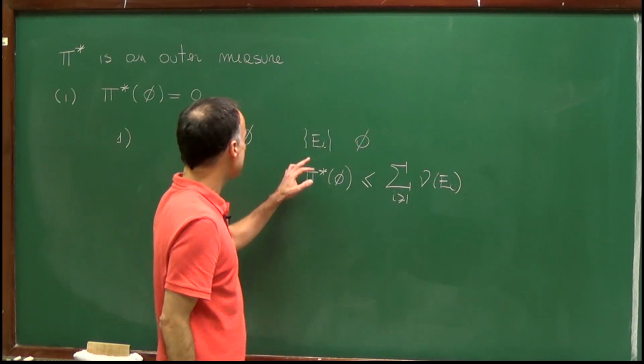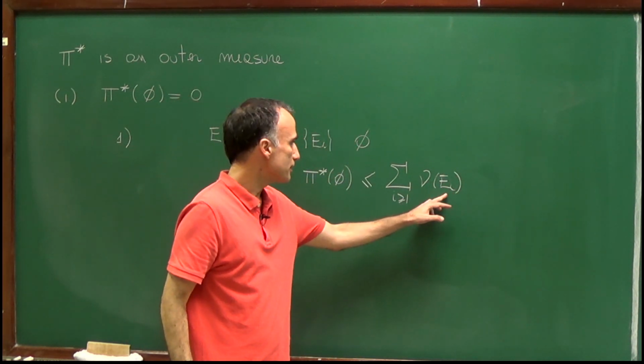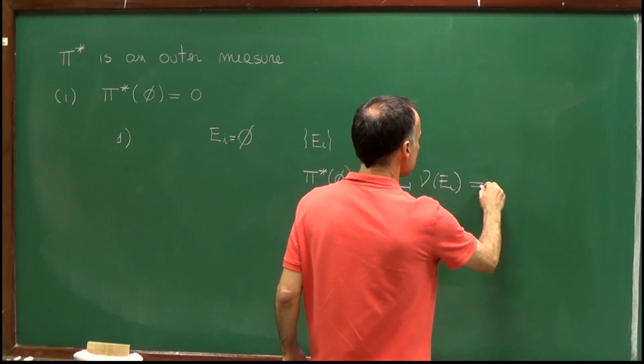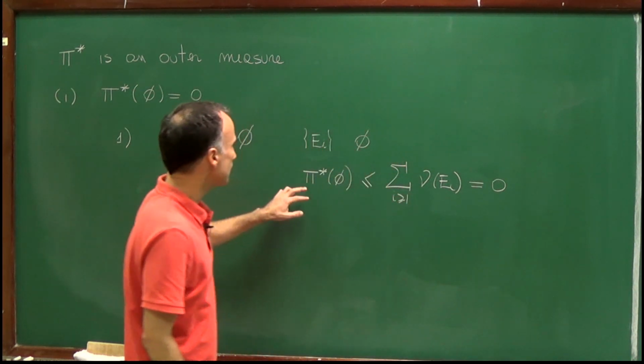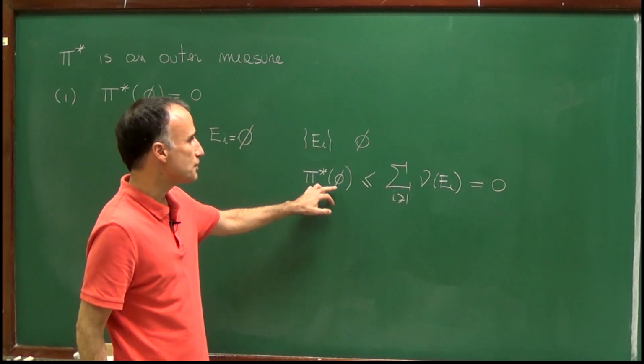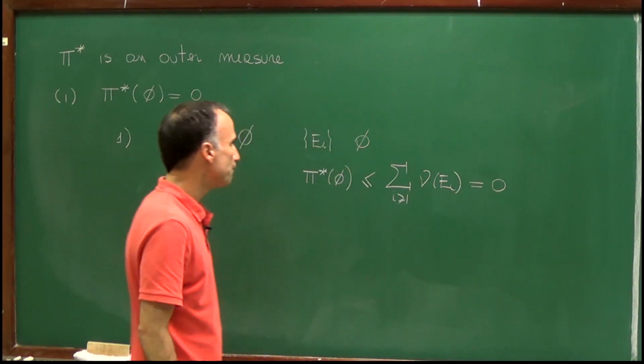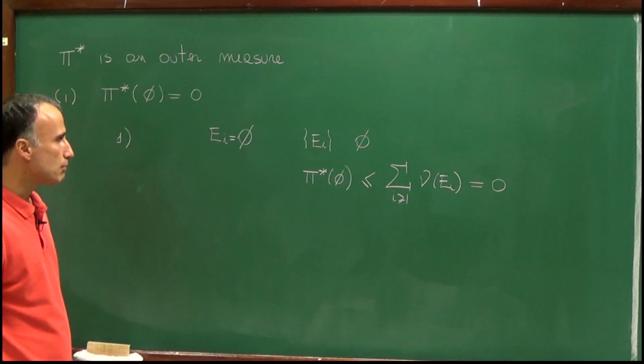But EI is the empty set, nu of the empty set is 0, so this is equal to 0, and this proves that P star of the empty set is less than or equal to 0.